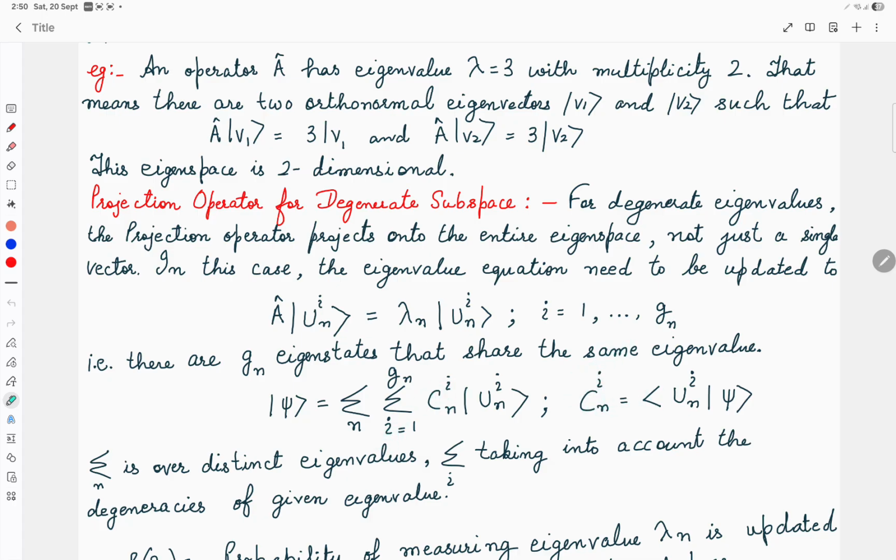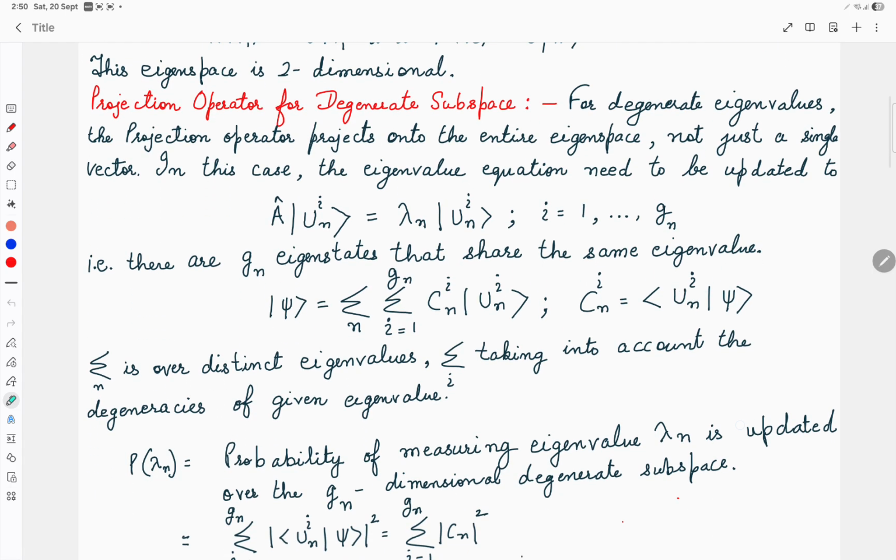And the coefficients, as you know, are given by the projection of psi onto the eigenstate. Since this eigenstate has an eigenspace because of the degeneracy, that is how this superscript i variable will come. I have just tried to explain the two sigmas: sigma n is over distinct eigenvalues, and sigma i takes into account the degeneracies of the eigenvalue.